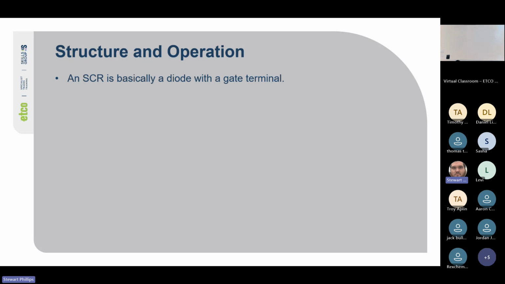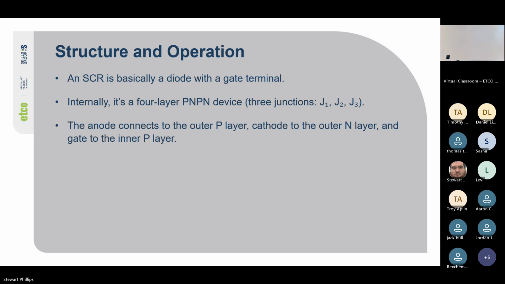We've added a gate, or an extra leg, to our diode. Internally, it's a 4-layer PNPN device, so it has 3 junctions in it, 1, 2, and 3. The anode connects to the outer P layer, so the outer positive layer, and the cathode to the outer N layer. And the gate is connected to the inner P layer.